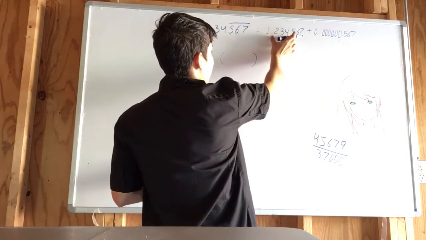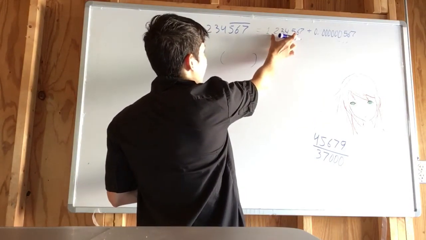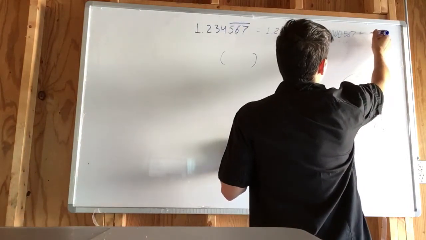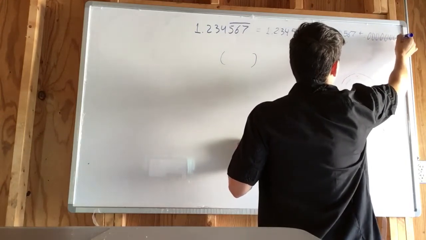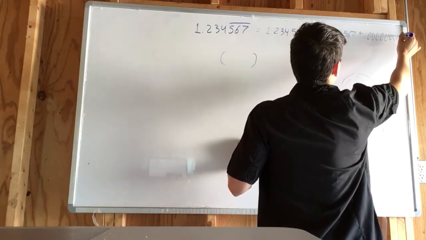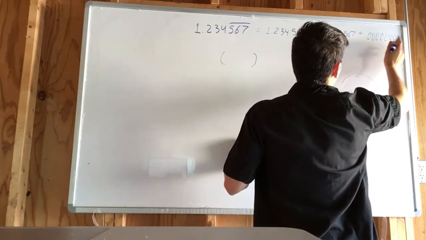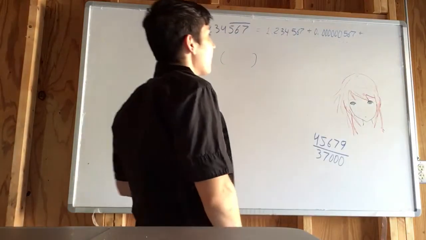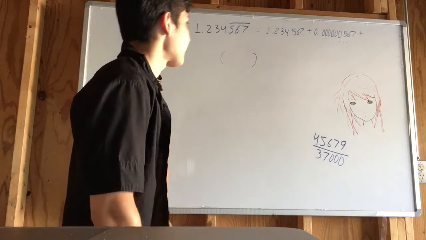Because we have 3 spaces here, and we're just going to be adding 3 more. 1, 2, 3, 4, 5, 6, 7, 8, 9. The point is 9.